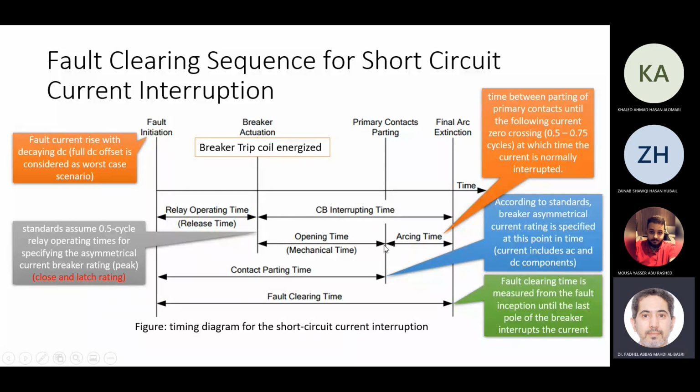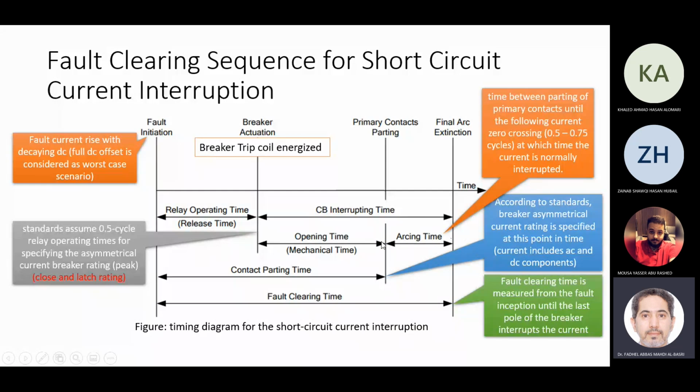So at this moment, the current still has a decaying DC, depends on the circuit breaker operating time, okay, and so as per the standard, the circuit breaker rating has to be chosen at exactly this time. So its ability to break short circuit current is not when it has fully cleared the arc, okay, it's here.